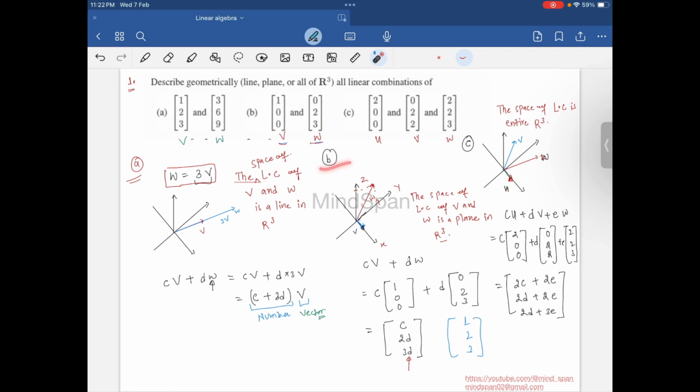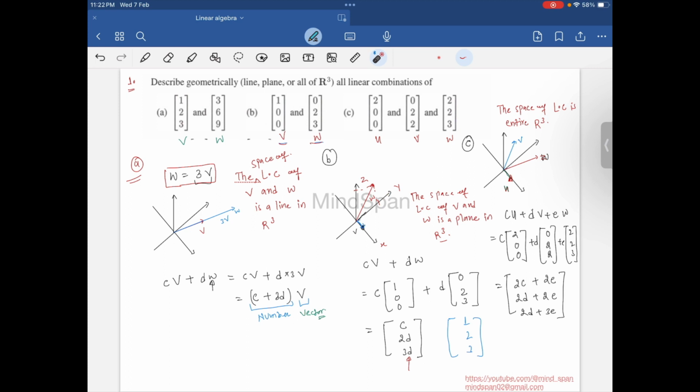And in this case of b, with any value of c and d, you are going to stay on this plane, and this plane again could be from plus infinity to minus infinity. So you can explore only this plane, and you cannot explore the complete three-dimensional space. You cannot reach each and every point of three-dimensional space. What you can get is each and every point described by this plane.